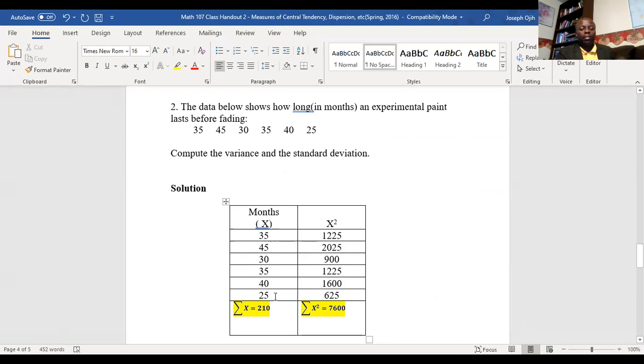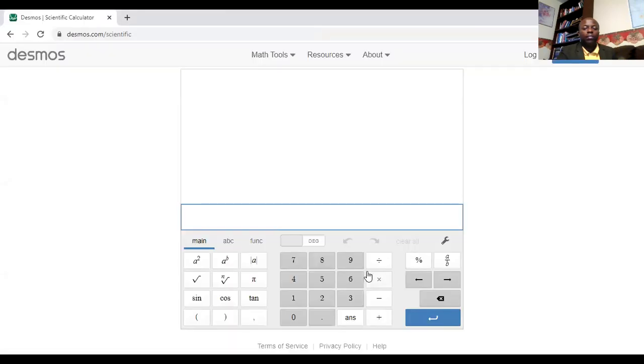So we have 35 plus 45 plus 30 plus 35 plus 40 plus 25.